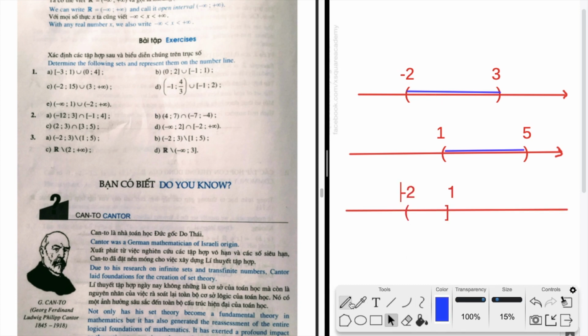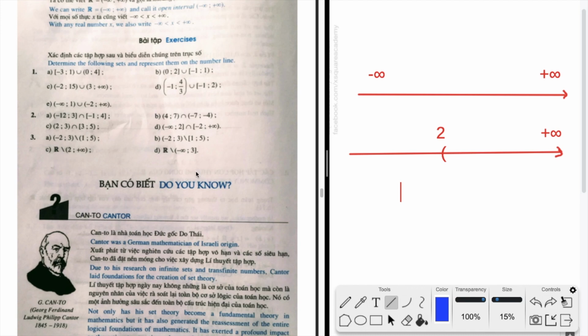This is the result: a half-open interval from -2 to 1. You see, 1 is an element of this set, but it is not an element of this set. And this is the result when we use the symbol, and this is the result when we use the number line.